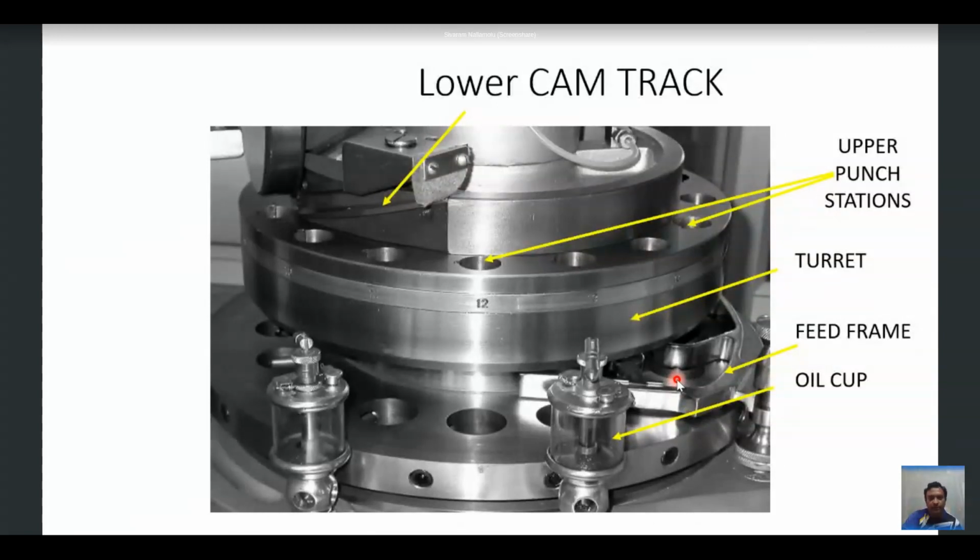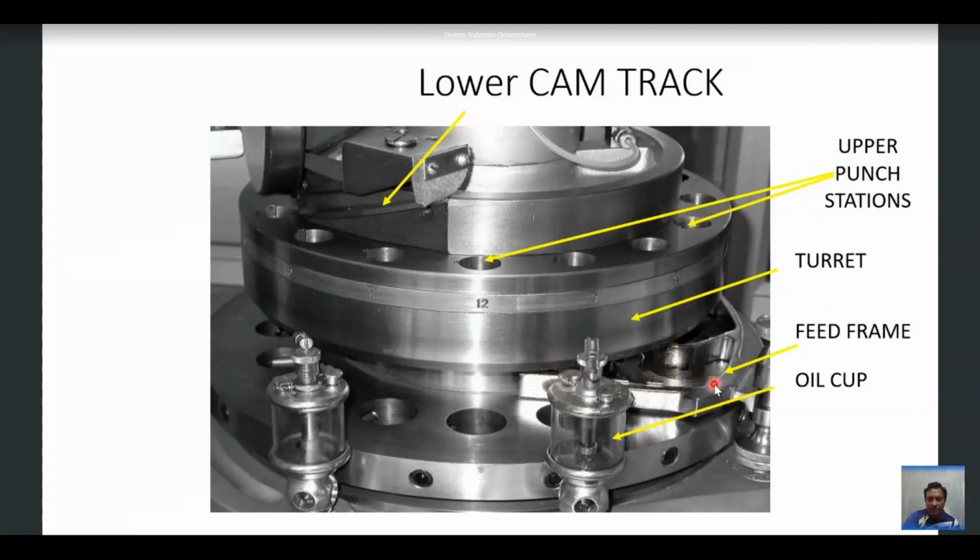Through that opening, the granules will be moving from one port to another port in the form of a thin thread. So the excess granules are scraped by this scraper blade, and the granules will be in intact position.